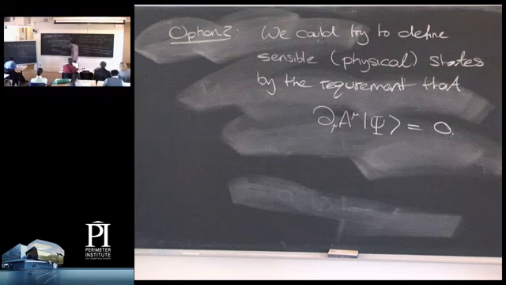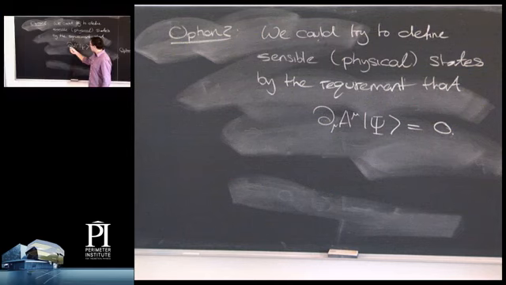Okay, so we had an operator condition, but we could insist that maybe the only states that we want to consider to be physical are those that are annihilated by this particular operator.